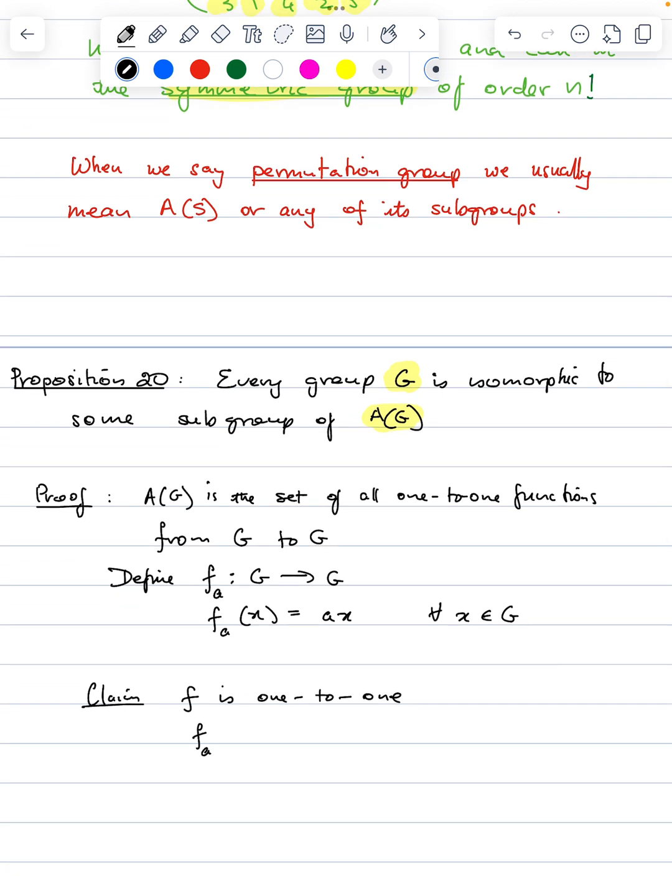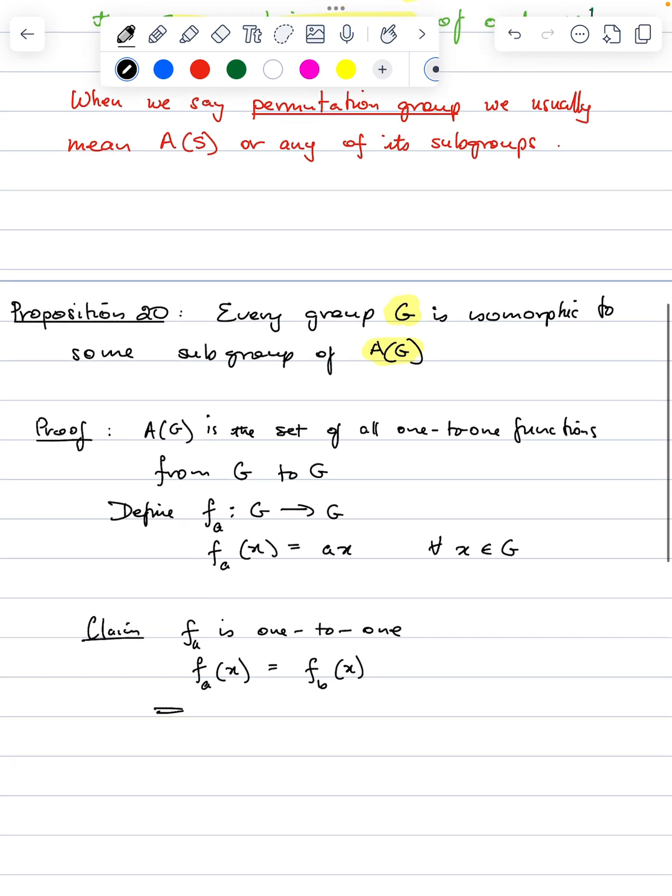F subscript A is one-to-one, so F subscript A of X is equal to F subscript B of X implies AX equals BX, and that implies, by the right cancellation law, A is equal to B. So therefore F is one-to-one, and just a note that the opposite implication also indicates that F subscript A is genuinely a function.